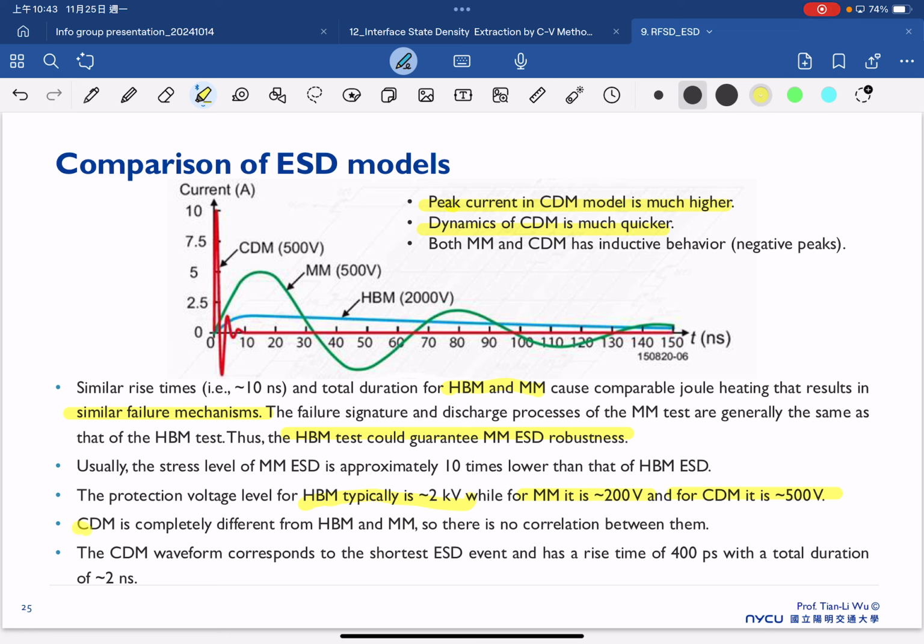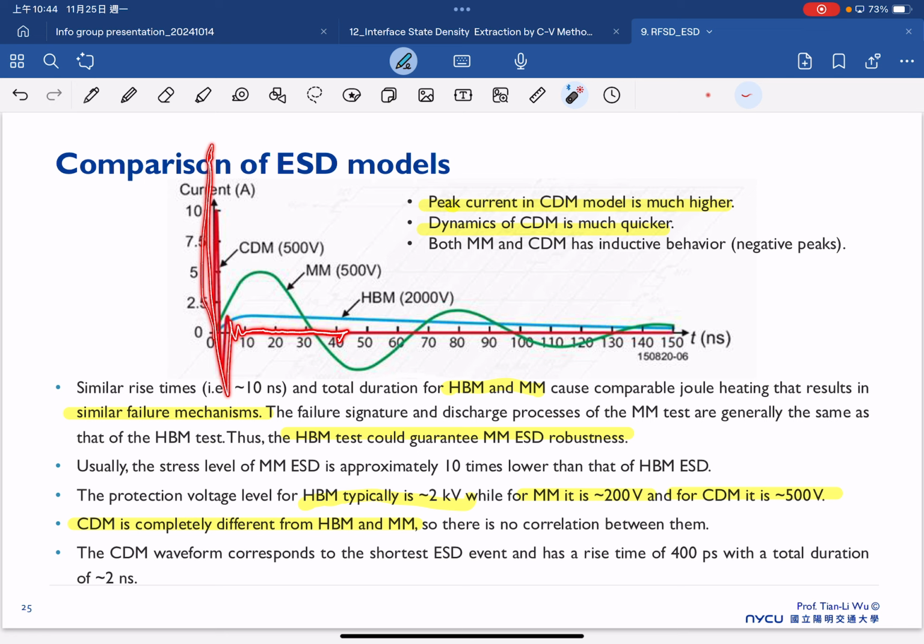And CDM is completely different from HBM and MM, and there's no correlation. The reason why it's completely different is that the waveform is different. This is CDM, this is MM, and this is HBM. But if you look at the CDM, it goes very fast and very high in the beginning, and then it decreases also very fast.